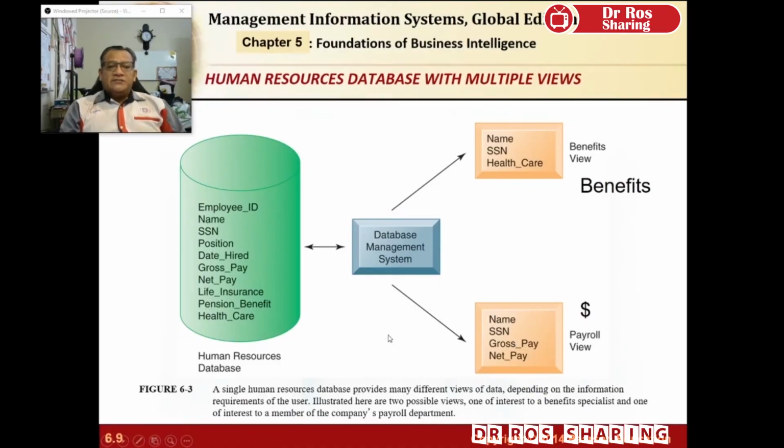This is the graphical outlook of a database for a human resource department, for example. In the HRD database, this is the representation of a database with a cylindrical shape.